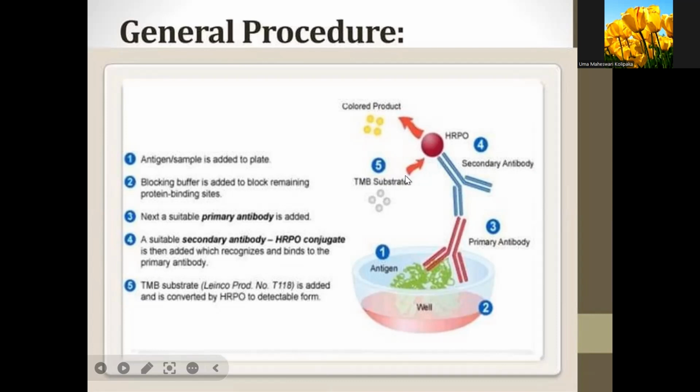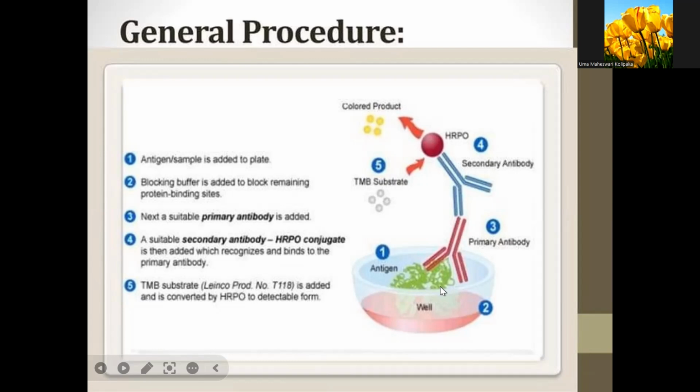Whenever we add the substrate, that is tetramethylbenzidine, a colored substrate, it initially doesn't have color. Upon converting to the product, it will change its color. It will look like a different colored product. So this is the basic concept here.